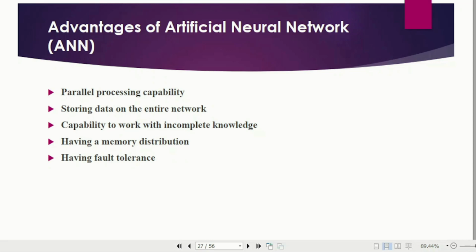The capability to work with incomplete knowledge is the third advantage of ANN. After ANN training, the network may produce output even with inadequate data. The loss of performance here relies upon the significance of the missing data. So that is the capability to work with incomplete information or knowledge. The fourth advantage of ANN is memory distribution.